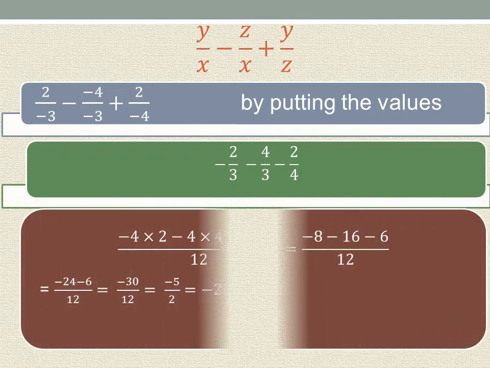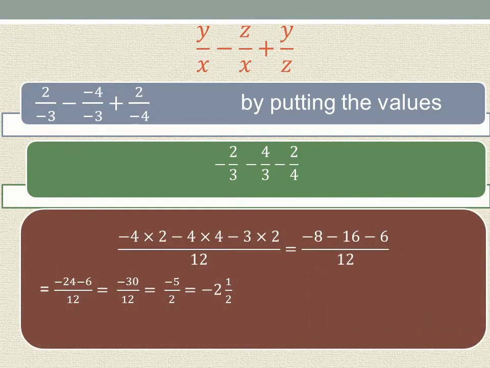Now these are fractions, so we are taking the LCM of denominators 3, 3 and 4. The LCM of 3, 3 and 4 is 12. Now we will divide the LCM by the denominator and multiply by the numerator. First denominator is 3. 3 4s are 12. 4 is multiplied by 2. -4 into 2 becomes -8.